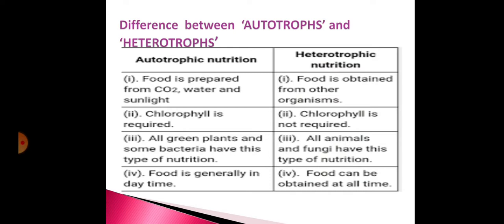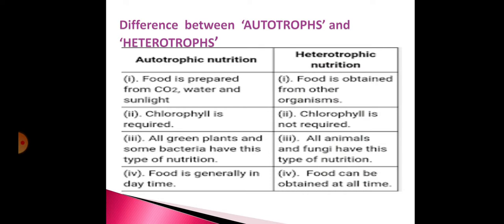Whereas heterotrophs take the food prepared by the plants. Autotrophs require chlorophyll, whereas heterotrophs do not. There are examples of autotrophs like green plants, bacteria. Under heterotrophs we have animals and fungi.